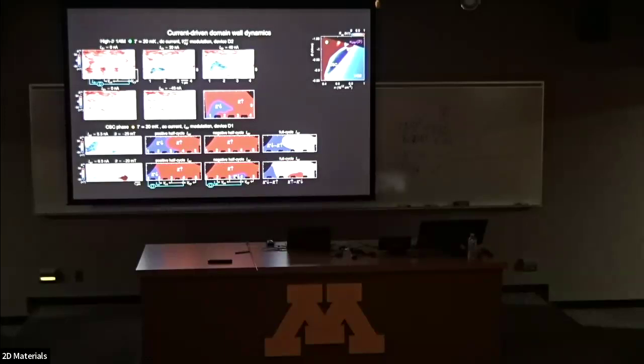The difference between them are two domains that expand and shrink out of phase with each other, and therefore they have opposite colors here. Interestingly, we can see domain wall dynamics at a current of 0.4 nanoamps, which is comparable or lower than currents that are typically used for transport measurements.